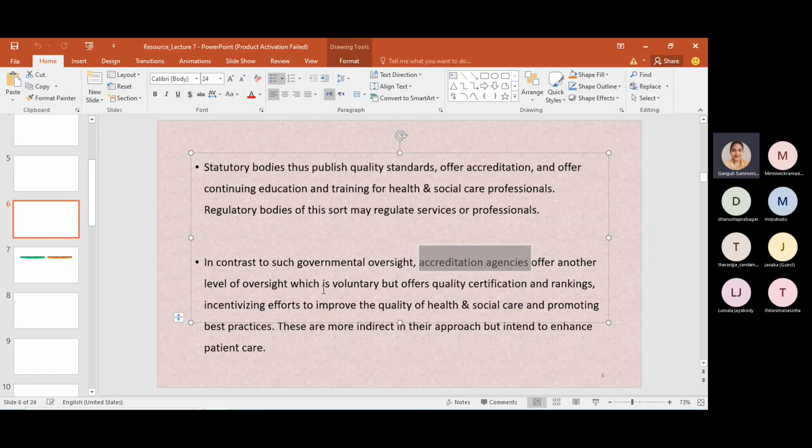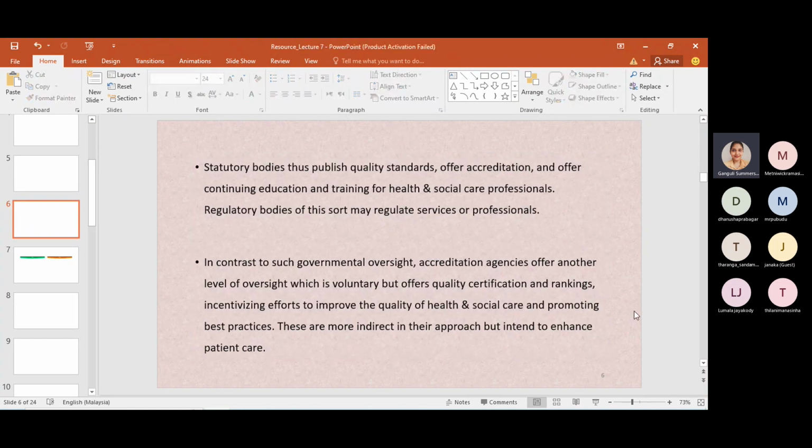So what do accreditation agencies do? As the name itself says, accreditation bodies provide accreditations. You guys might have heard of accredited laboratories, accredited companies.